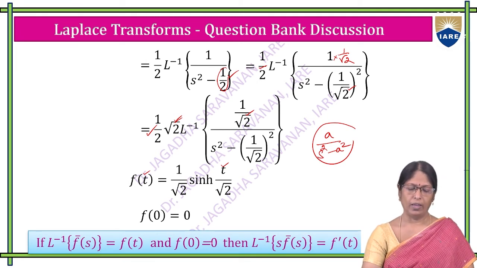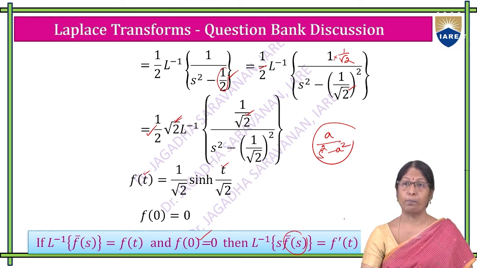Now f of 0 equals 0, and our f bar of s, which is the part of the problem we have taken, is multiplied by s in our problem. Then what result do we obtain? We have to find the first derivative. For fitting, if f bar of s should be multiplied by s, we have to apply this formula.